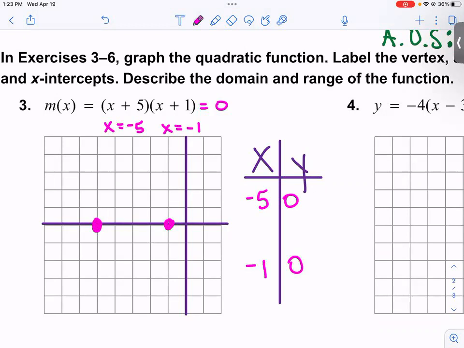The most important coordinate is our vertex. So if we have an x-intercept at -1 and -5, Kane, where's our vertex going to be? What is the middle of -5 and -1?